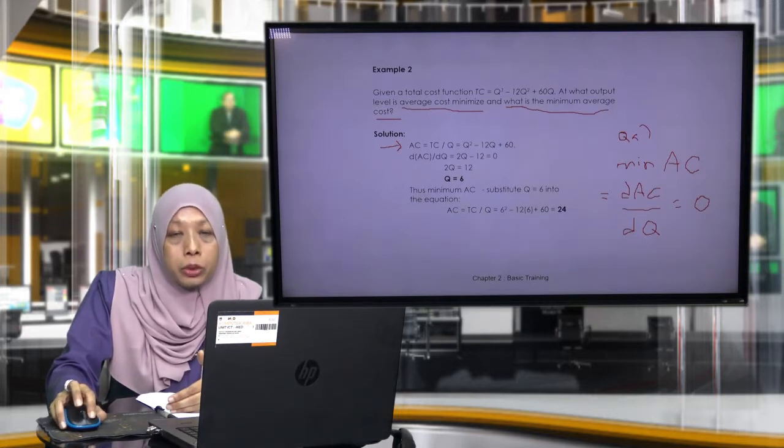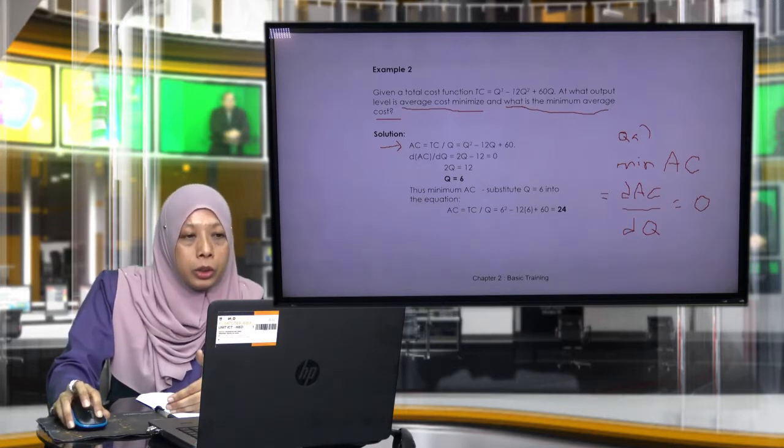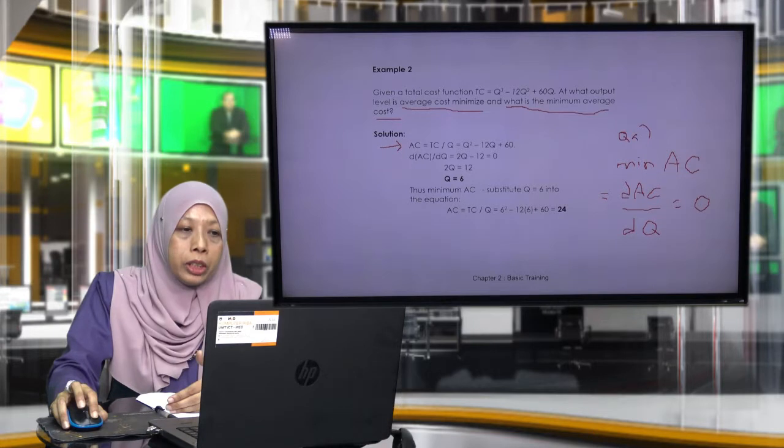So going back to the main objective of this firm, they are interested in finding the output that minimizes average cost. And you are required to differentiate average cost and set it equal to 0. So let's differentiate it.